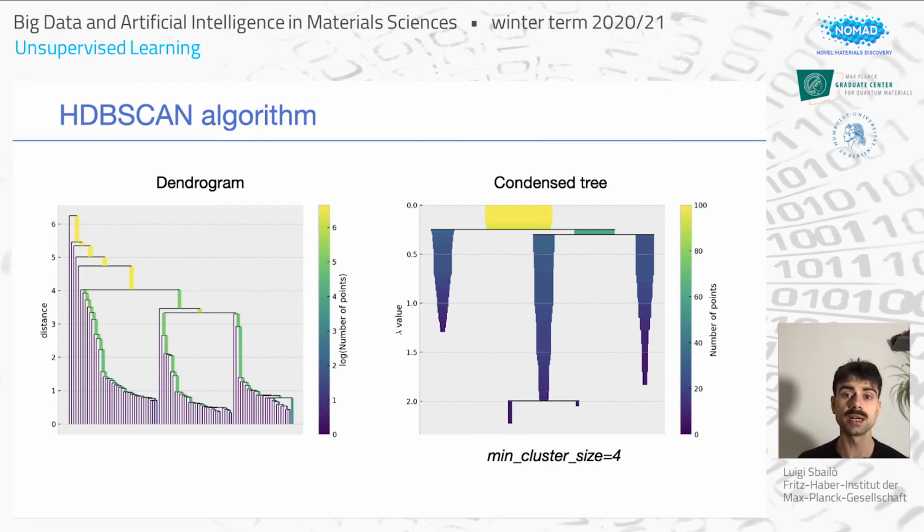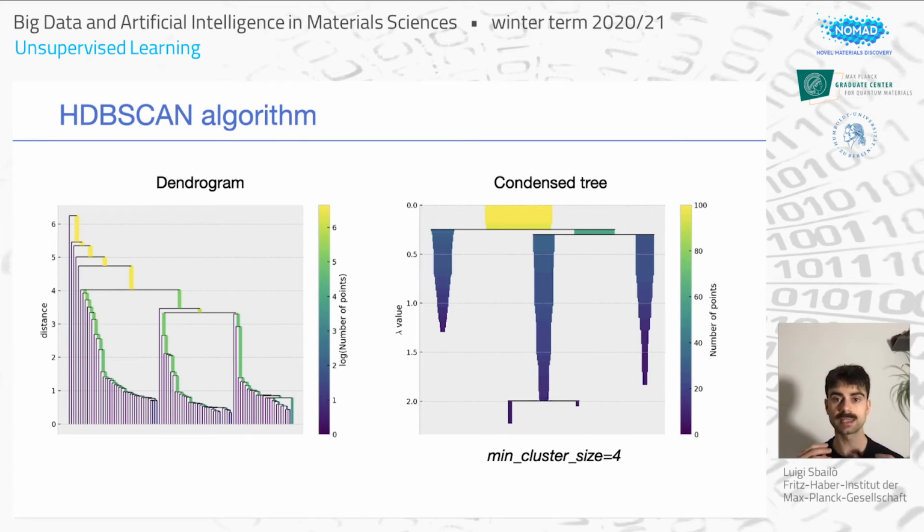We can see the lambda value on the y-axis, and this lambda value is essentially just the inverse of the distance. So the lambda value is increasing from top to bottom, and again we can see that this is just an inverted dendrogram.